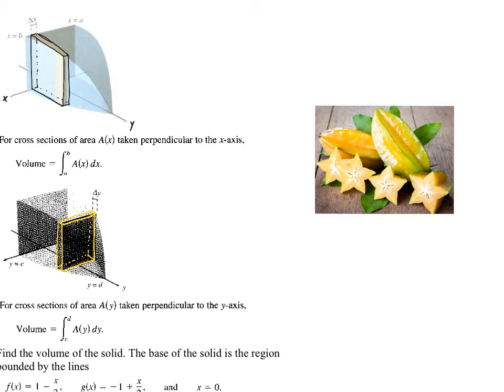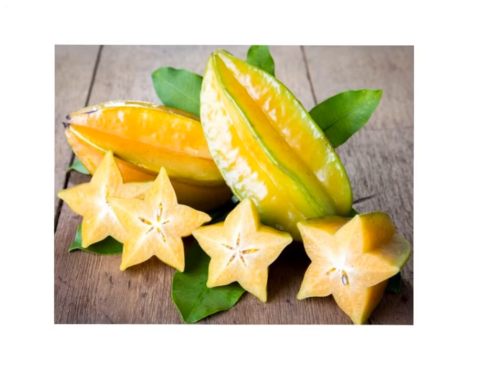But the idea of this is you see how the shape of this thing, and I know this is set on an angle here. We're not going to do ones that are on an angle. We're going to do them either perpendicular to x or perpendicular to y. But obviously we could rotate this. You see how this shape overall, three-dimensionally, is kind of a football shape in general. But the cross section you can see is this nice star.